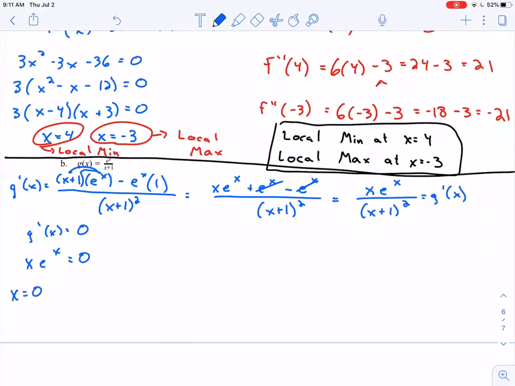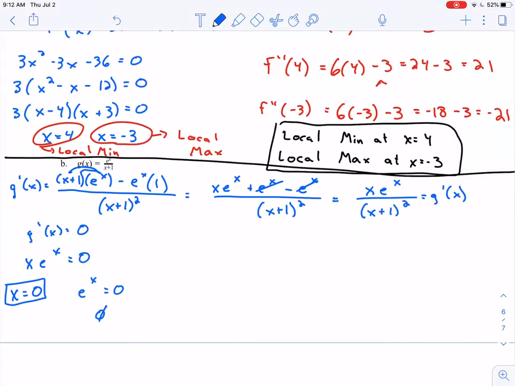One is x is equal to 0. The other, e to the x, is equal to 0. If I try to solve this equation, I will end up with no solutions. If you try to take natural log of both sides, you'll find that 0 is not in the domain of natural log, which means that we have no solutions to this equation. x equals 0 is the only case.